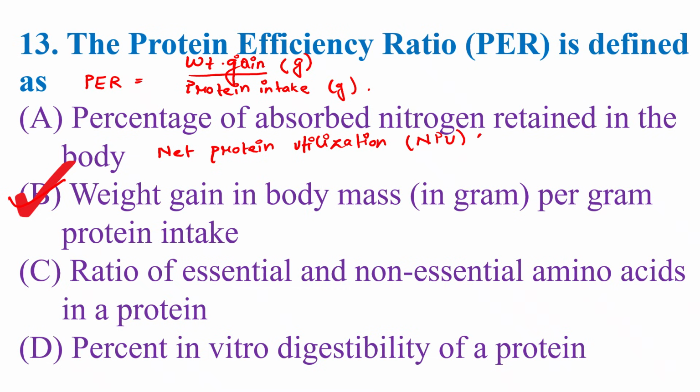Option C, ratio of essential and non-essential amino acids in the protein, refers to the amino acid composition, not the protein efficiency ratio. And option D describes protein digestibility, that is in vitro digestibility of a protein. So over here my correct option is option B.